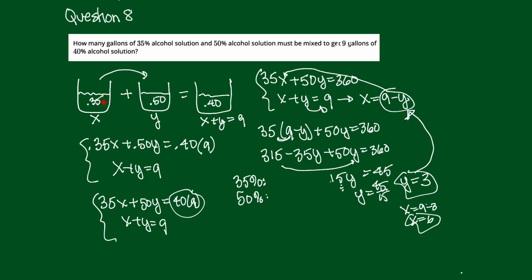The 35%, that was x. And when we solved it, we got x is equal to 6. So I'm going to get 6 gallons here. And then what was y? Look at your picture. That was the 50% solution. And I got y equal to 3. All right, so 6 gallons of 35%, 3 gallons at 50%.